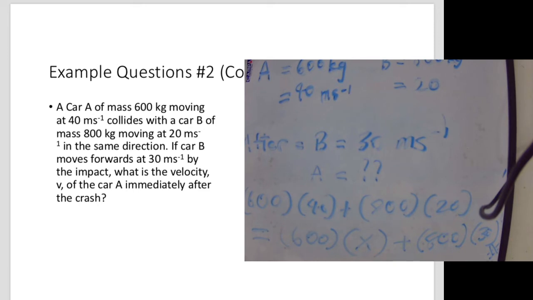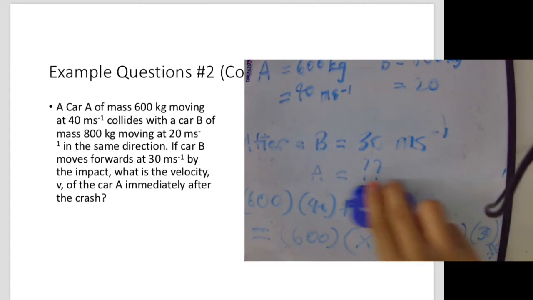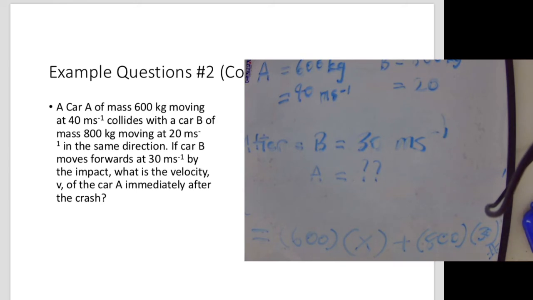Okay, so we'll do the calculations. We get a total of 40,000.